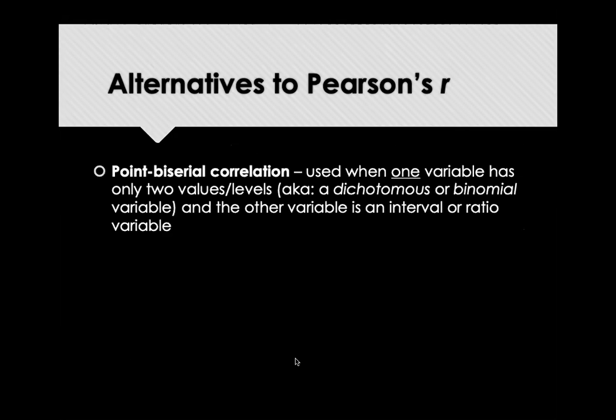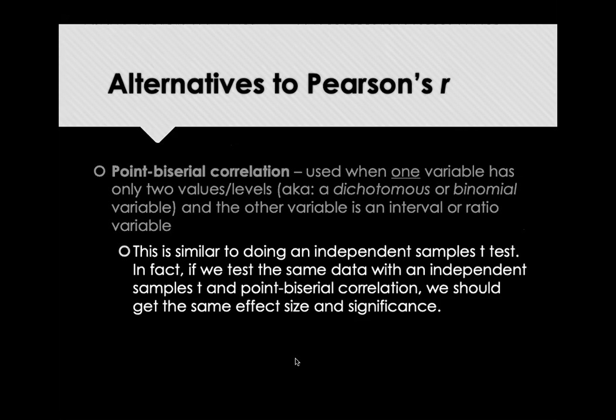And then another alternative is the point biserial correlation. This is used when one variable has only two values or levels, and the other variable is an interval or ratio variable. So let's say that you're looking at income and working from home versus working at work.